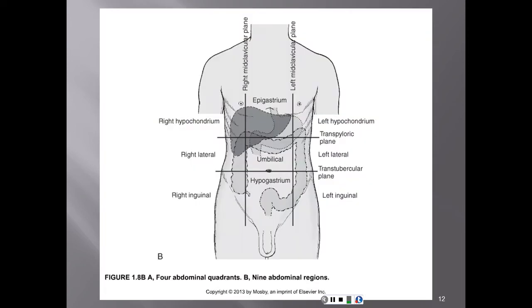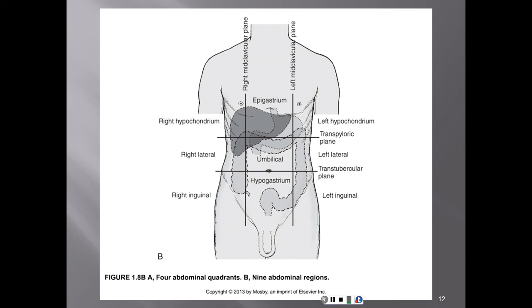Okay, this is a diagram of the abdominal regions. The right hypochondrium, epigastrium, left hypochondrium, the right lateral, the umbilical, left lateral, the left inguinal and right inguinal, and hypogastrium. Some people say the right and left lumbar region instead of the right lateral region.